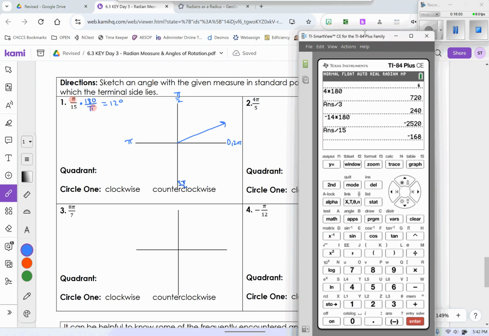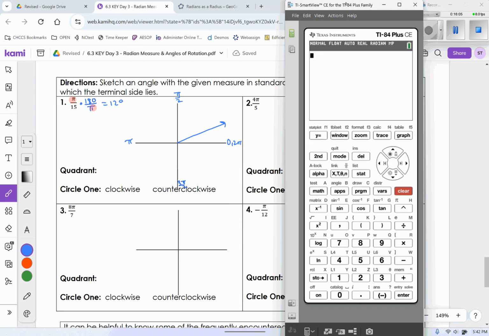Another way you could do this is you could look at the decimal. If I do pi divided by 15, I get 0.209. And look at pi over 2. Pi over 2 is equal to 1.57. We know pi is 3.14.